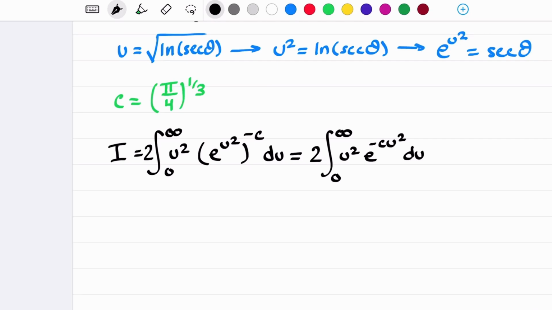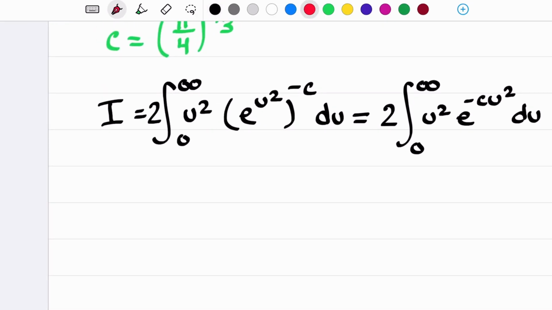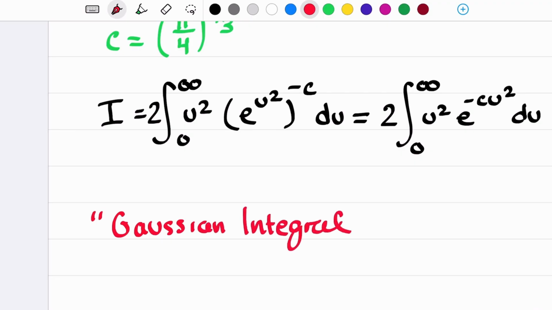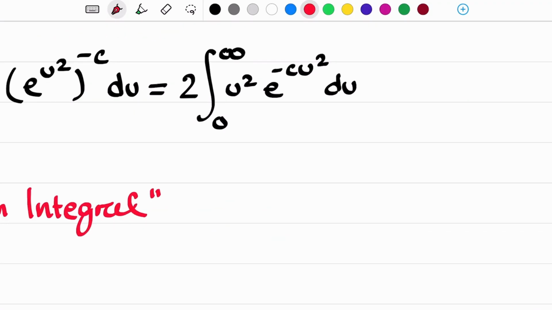So how do we really go about doing this? Well, before anything, I'm going to introduce something called the Gaussian integral. And this is going to be crucial to solving this problem. So this is the Gaussian integral. It's the integral from negative infinity to infinity of e to the negative x squared dx.